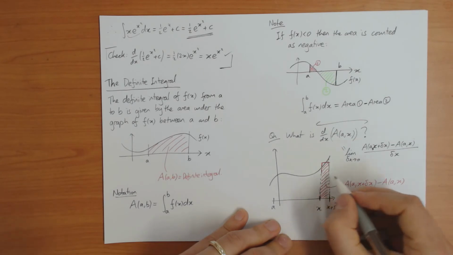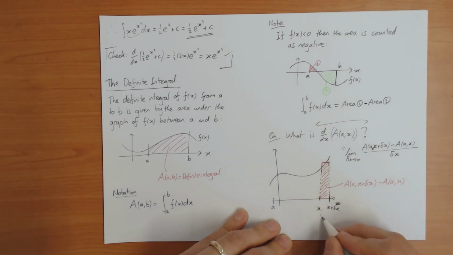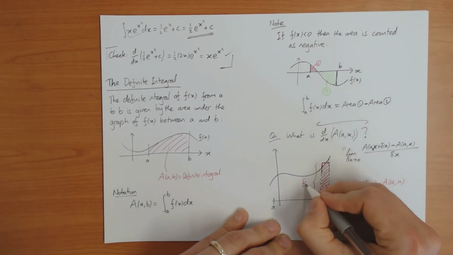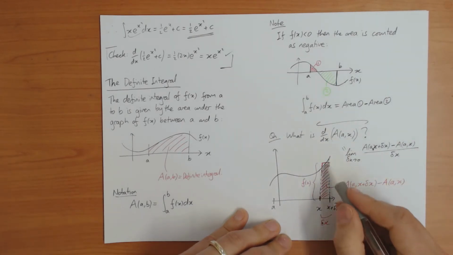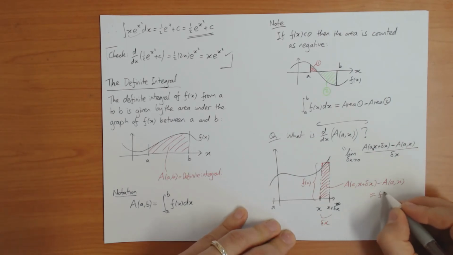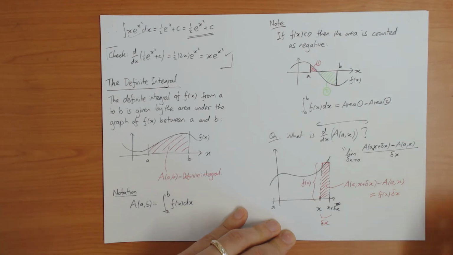And this rectangle, the width is delta x. The height here is f of x. So therefore this area here is going to be approximately equal to f of x times delta x.